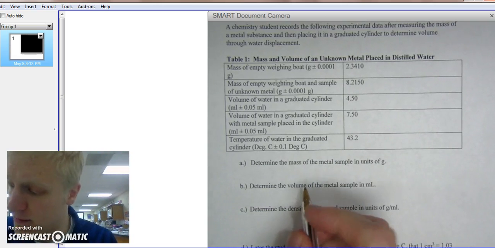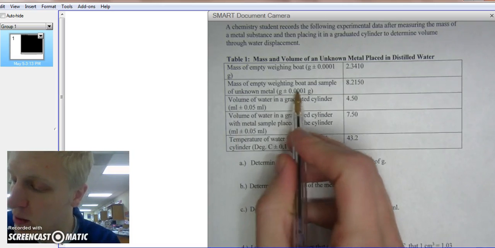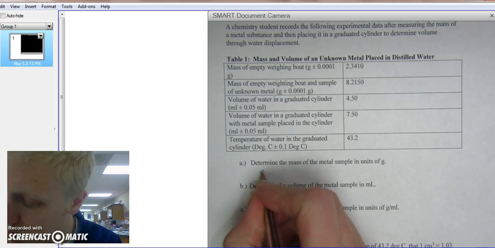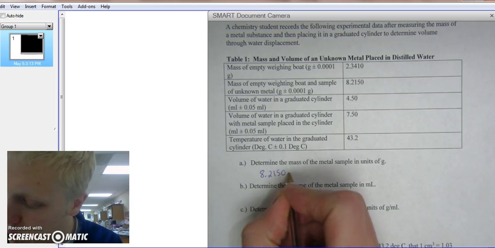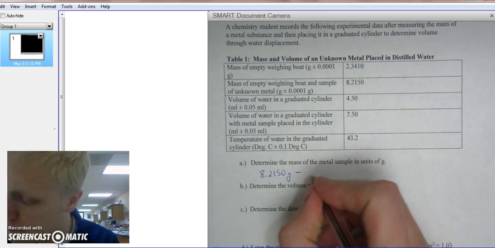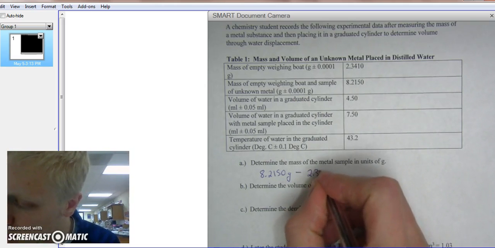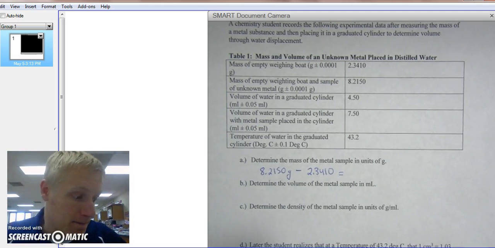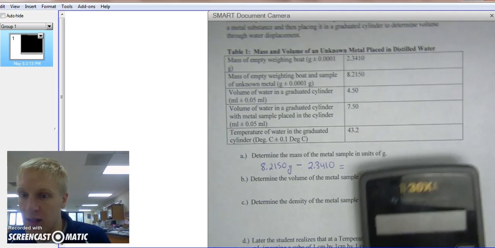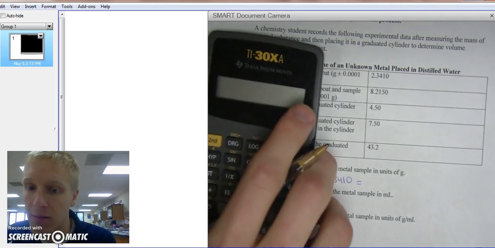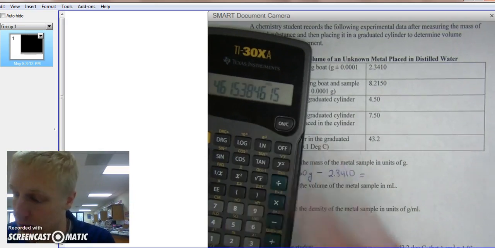Back to that question. Ultimately, we have the mass of empty weighing boat and of the unknown sample. That's 8.2150 grams, and we're going to subtract the mass of just the weighing boat, which is 2.3410. Now really, the best way to solve this would be to not only bring your calculator to class, but pull it out and use it.